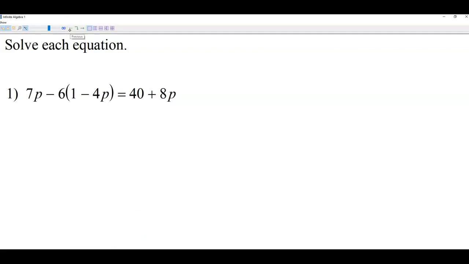If you want to see another one like that, go do number 1. Check your answer using the answer key when you're done. Let's go ahead and jump up to number 4. I'll do another one of these examples here. So like we said in the last problem, distribution is first.